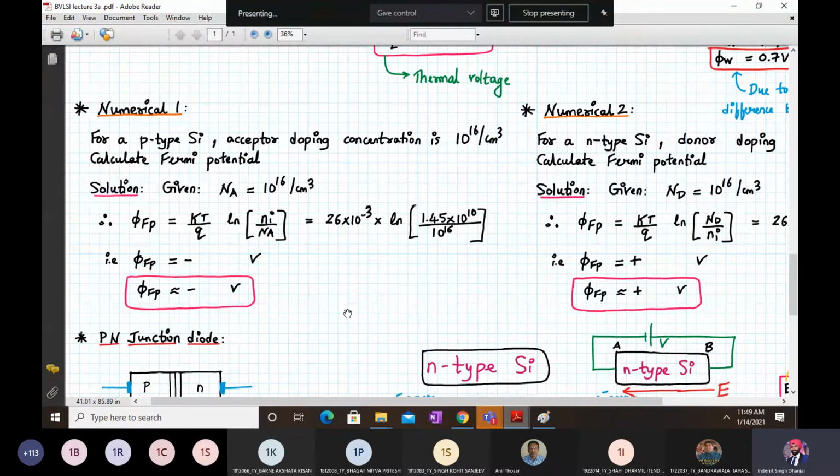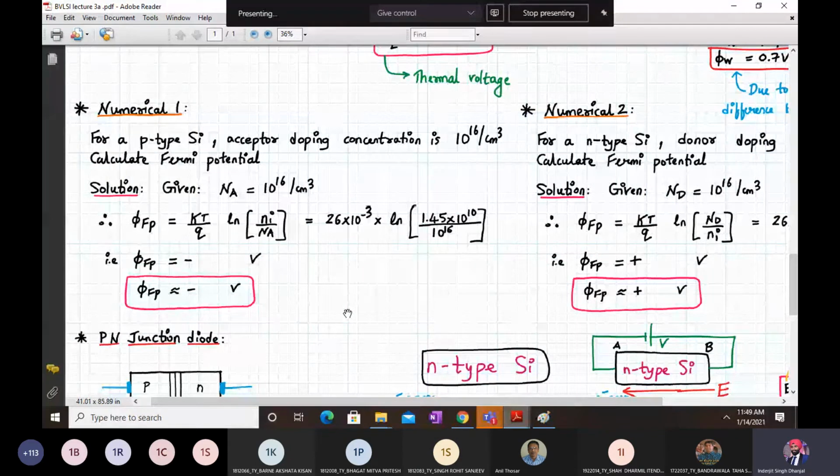It will be 26 millivolt into natural log of 1.45 into 10 raised to 10 divided by 10 raised to 16. So the value which you are getting is minus 0.35.